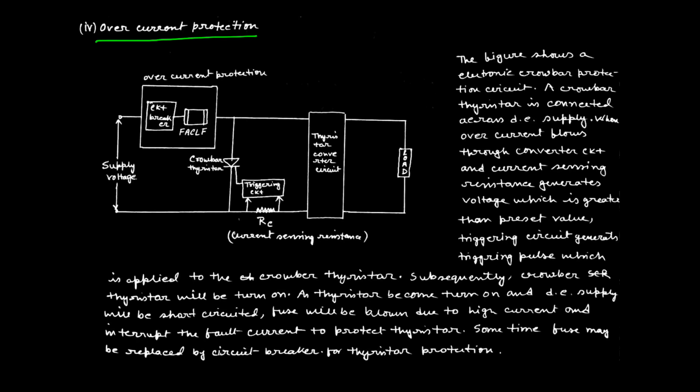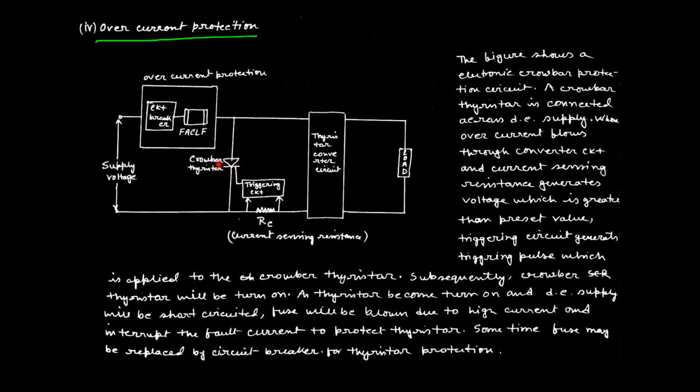The circuit is constructed by a circuit breaker and a fuse, widely termed FACLF, the full form being fast acting current limiting fuse, which is connected in series with the circuit breaker. And this total mechanism can protect the SCR from overcurrent phenomena.